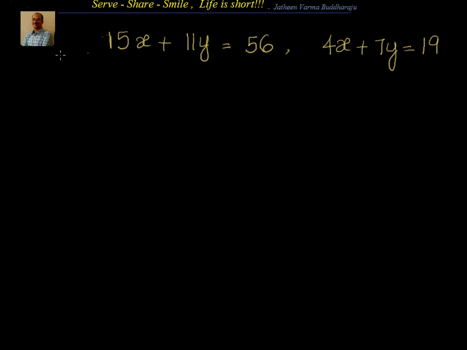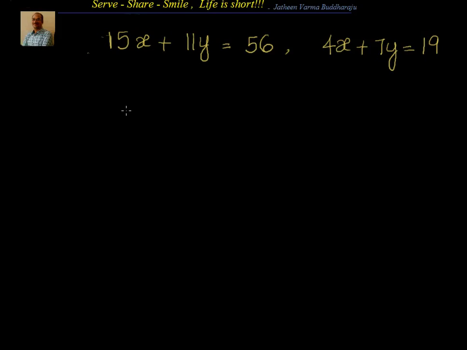Let's look at this example. We have 15x plus 11y equal to 56, 4x plus 7y equal to 19. So how do we solve these two linear equations in two variables to find the value of x and y?